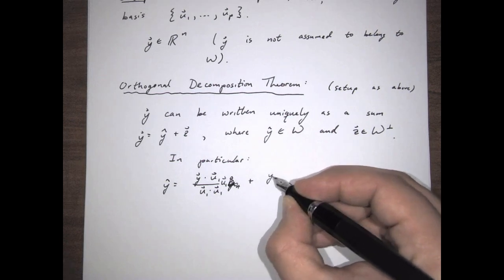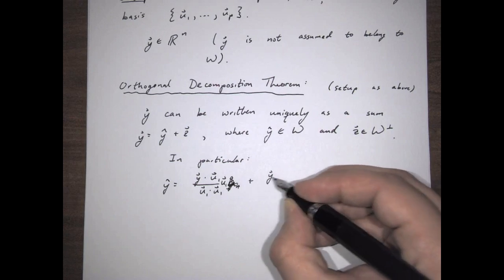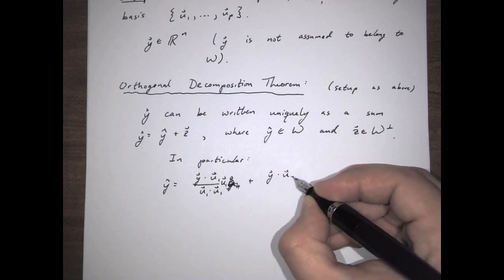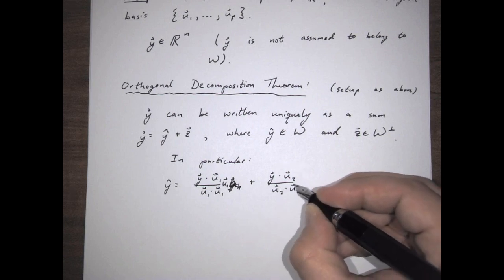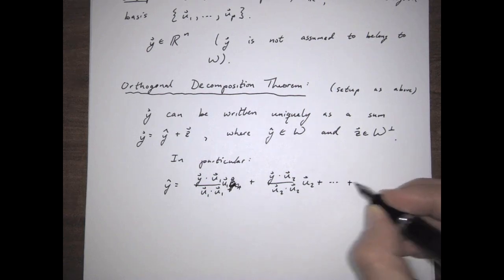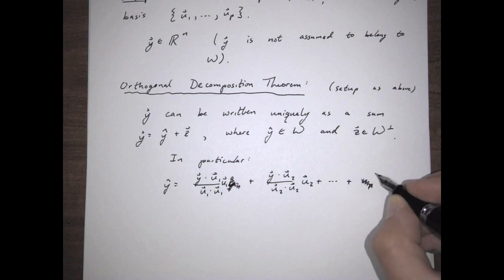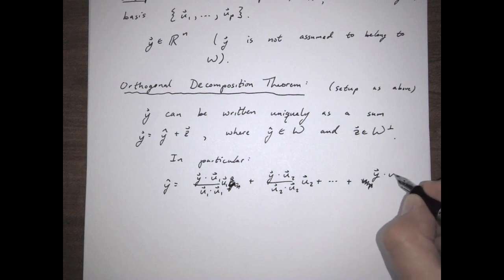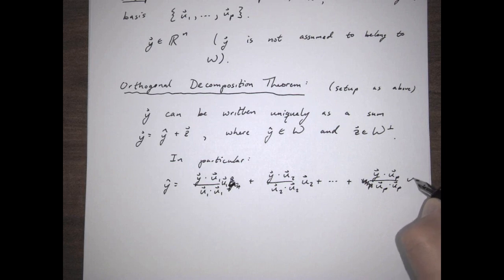Plus y dot u2 over u2 dot u2 times u2, plus dot dot dot up to y dot up over up dotted with itself, all times up.